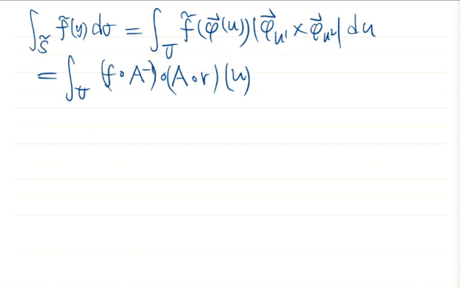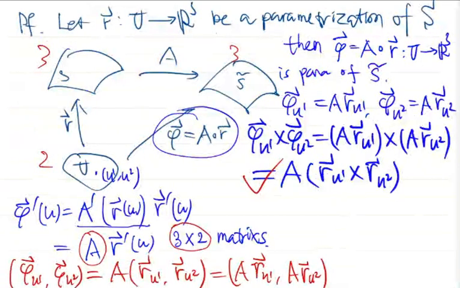Okay, so this part can be written in this way, because f tilde is f composed with A inverse, and phi is the composition of A and R, and this is the norm of phi u1 cross phi u2. By our previous computation, phi u1 cross phi u2 is A multiplying the vector R u1 cross R u2.